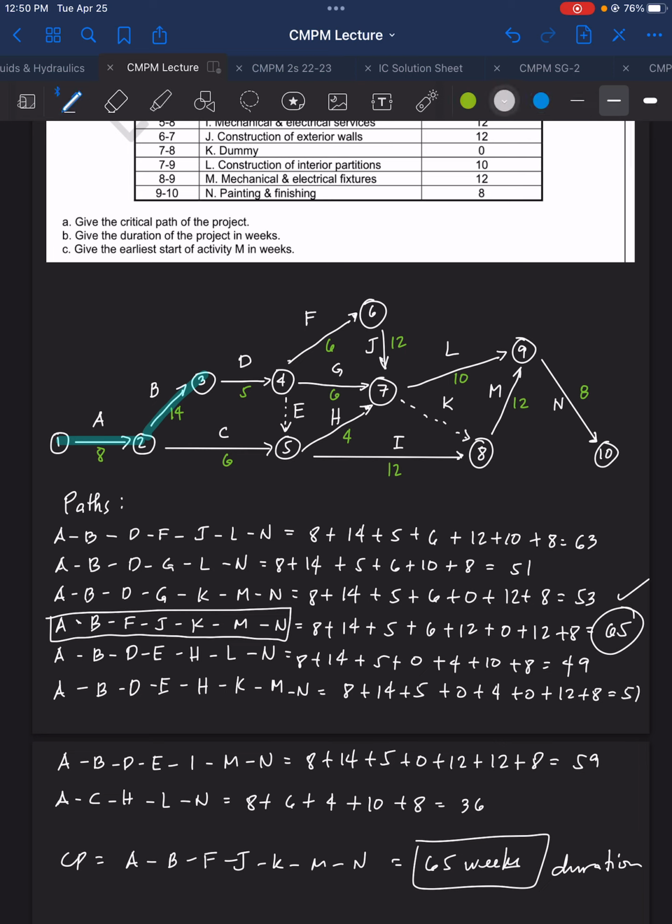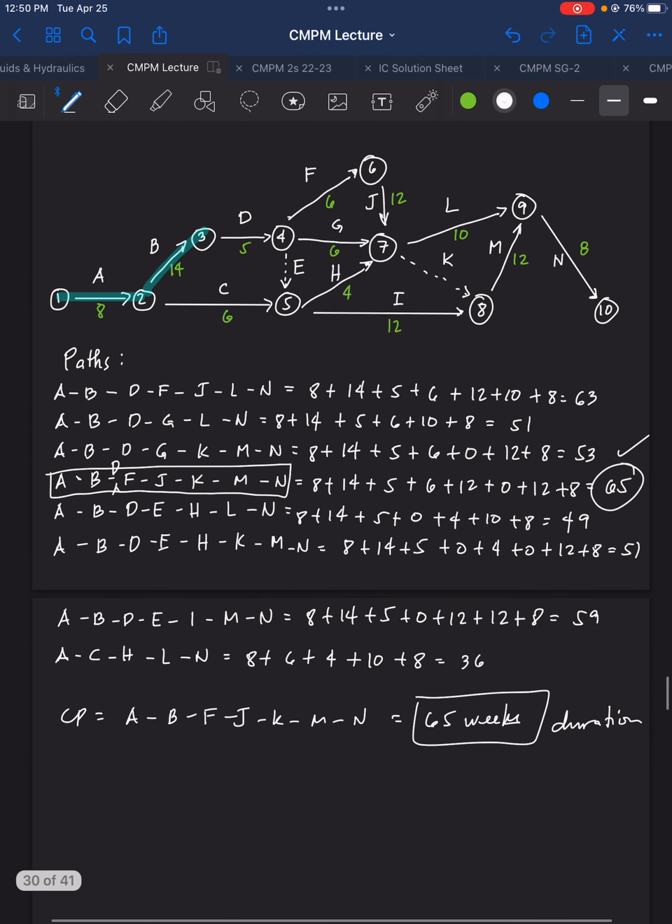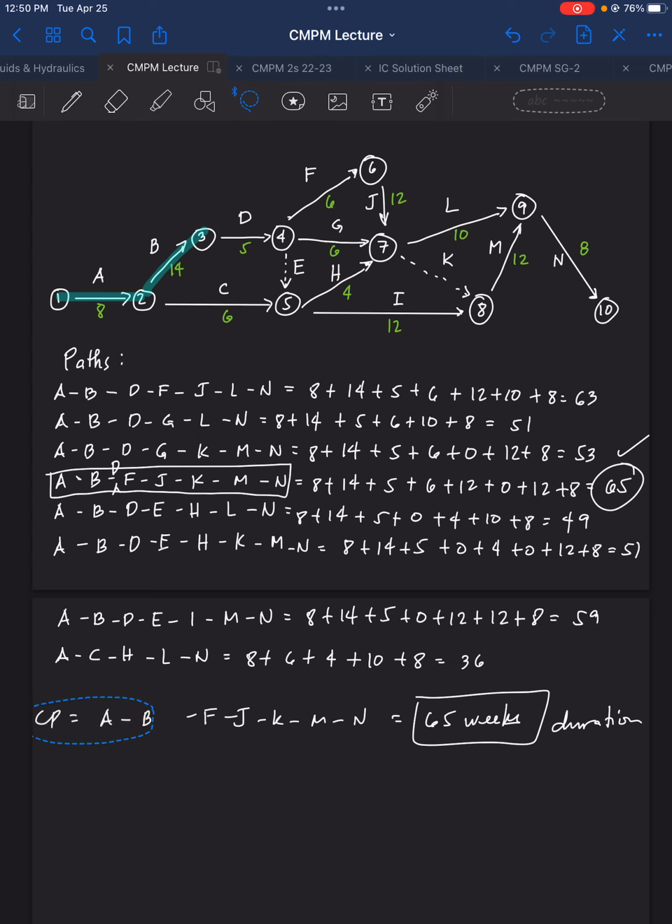It should be ABD. Sorry. So the critical path should be ABD, FJ, K, M, N. So that is our critical path.